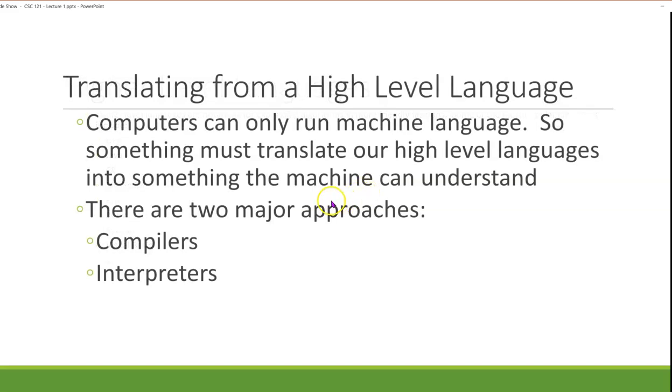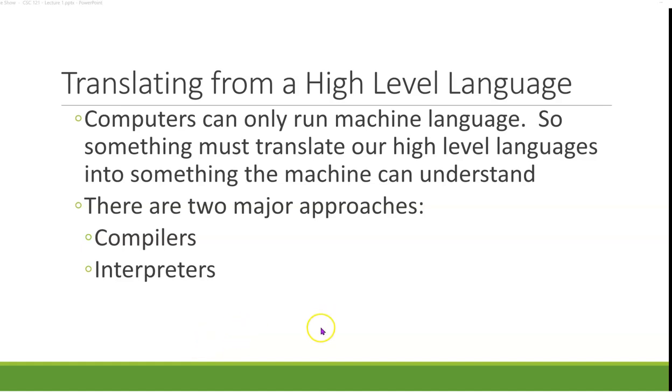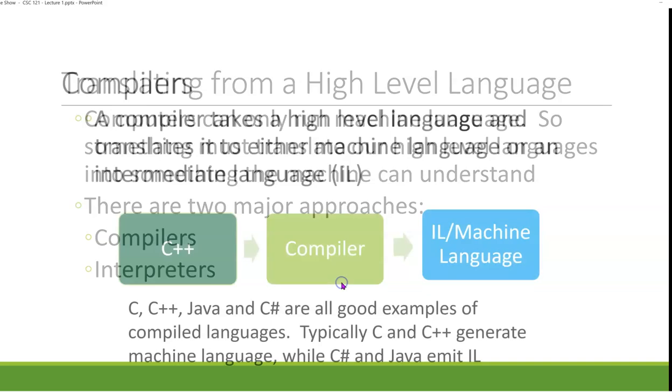So how do we translate from a high-level language? The computers can only run machine language, so something must translate our high-level language to something lower level. There are two ways to do this. One is called a compiler, and one is called an interpreter.